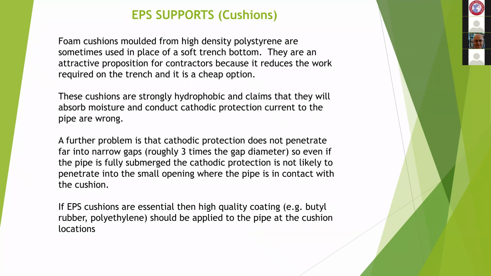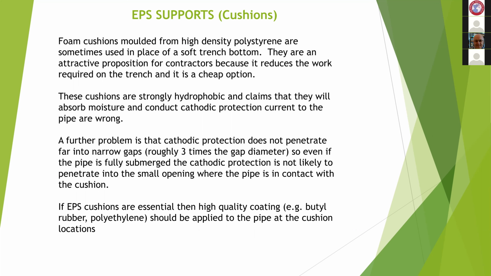EPS supports, expanded polystyrene foam supports, are being used more now. I've seen more in the last few years than in the past 30 years. And the contractors are of the opinion that these cushions will absorb water, and the cathodic protection current will go through the water and protect the pipe. Well, they couldn't be more wrong. High strength EPS cushions are strongly hydrophobic.